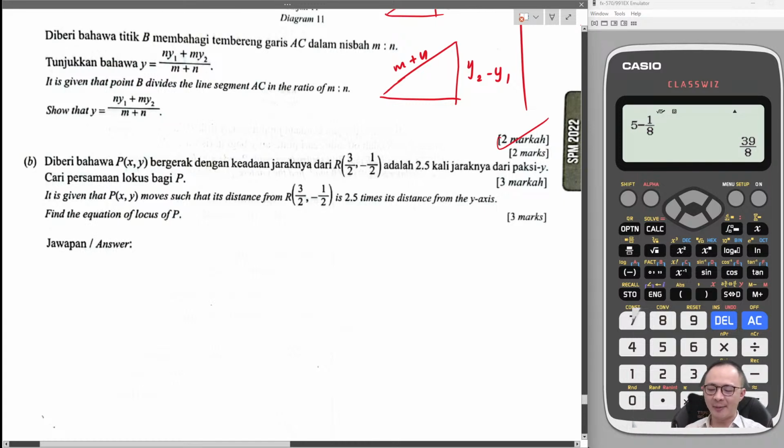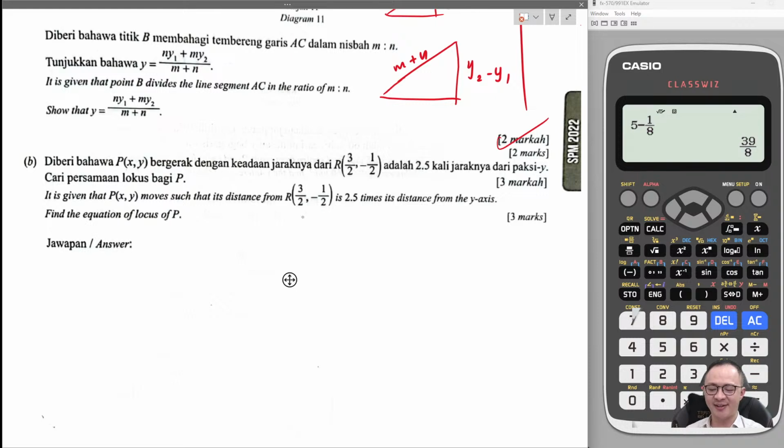Alright, so it's given that P moves such that its distance from R is 2.5 times its distance from the y-axis.